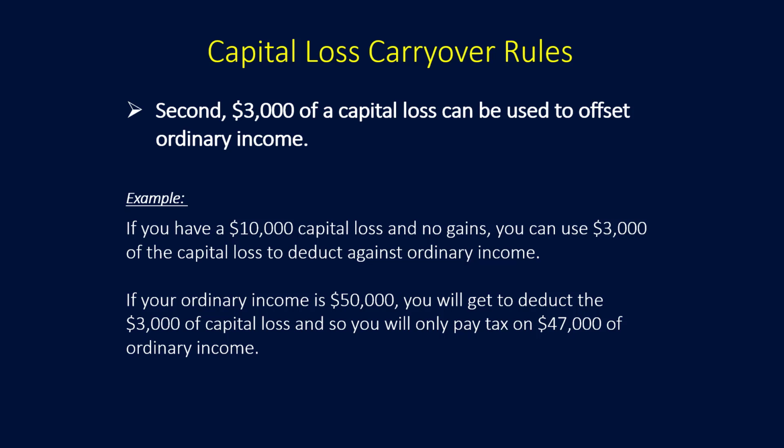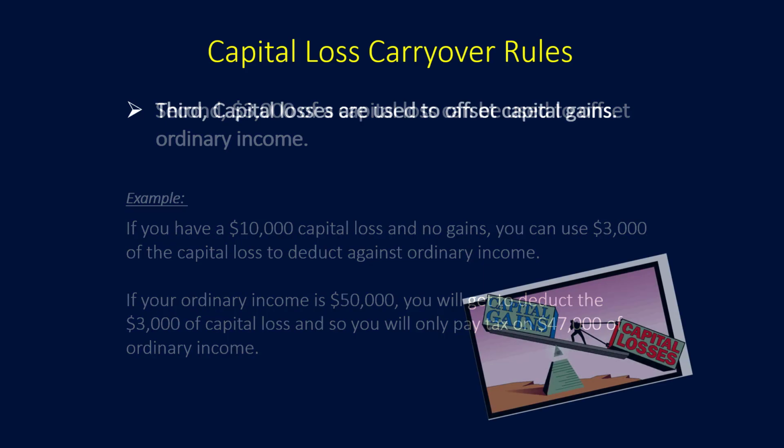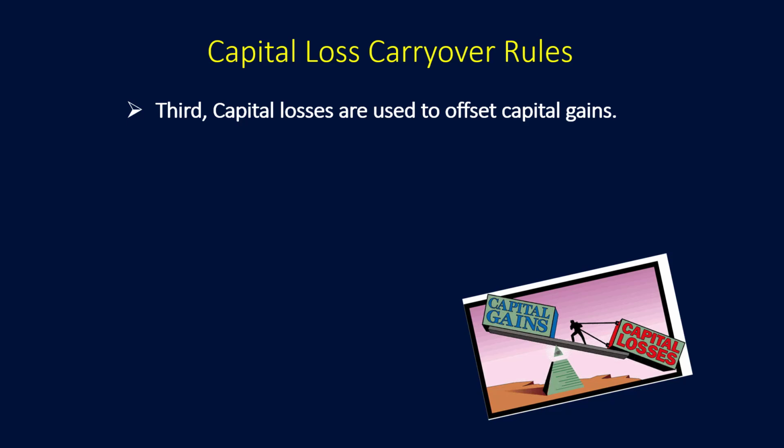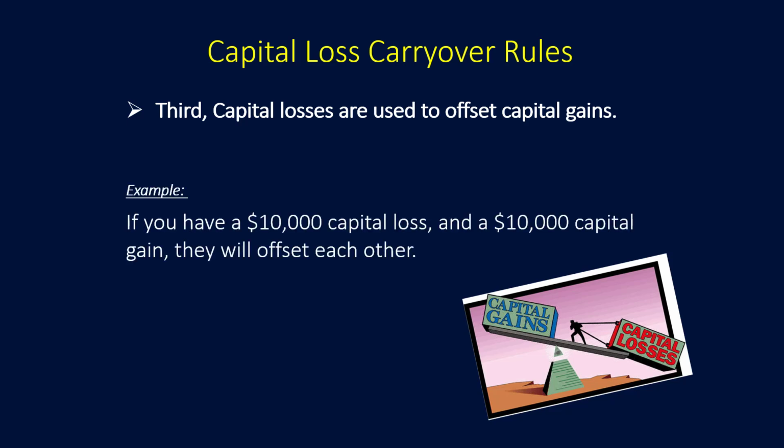If your ordinary income is $50,000, you get to deduct $3,000 of capital loss, and so you'll only pay tax on $47,000 of ordinary income. Third, capital losses are used to offset capital gains. For example, if you have a $10,000 capital loss and a $10,000 capital gain, they'll offset each other.